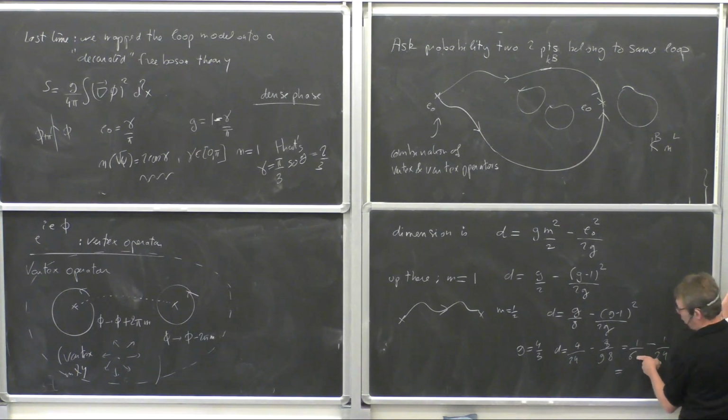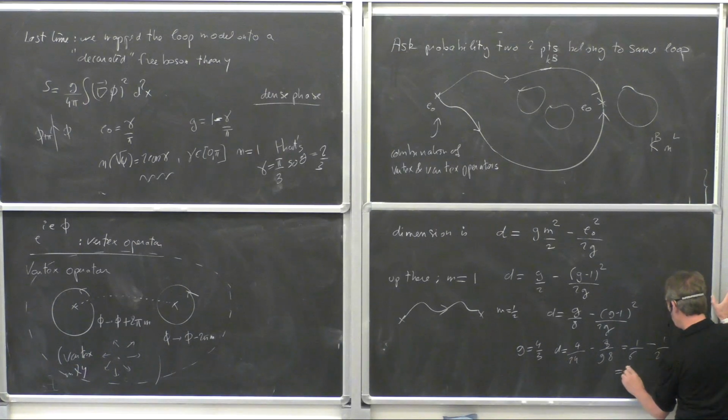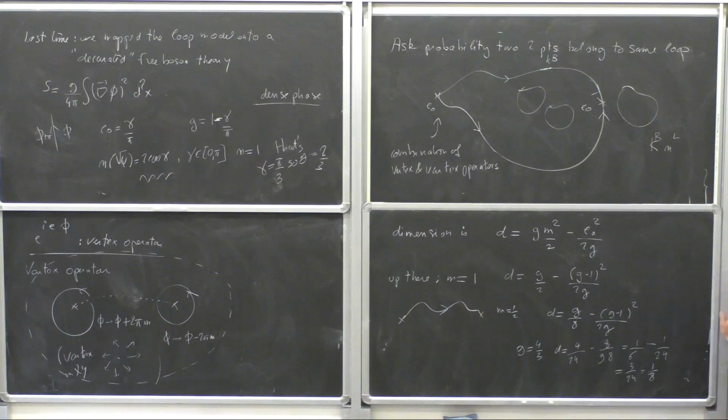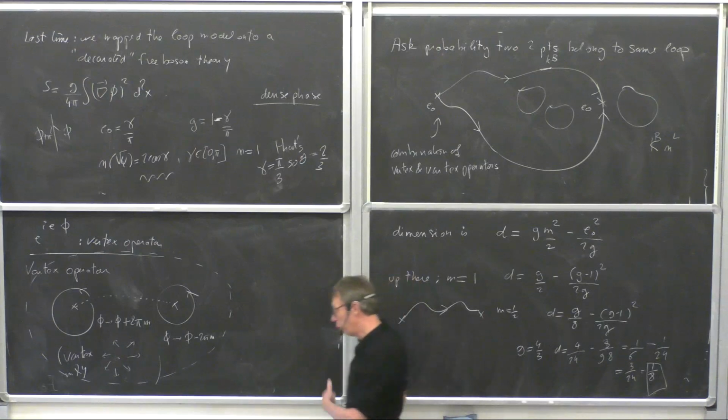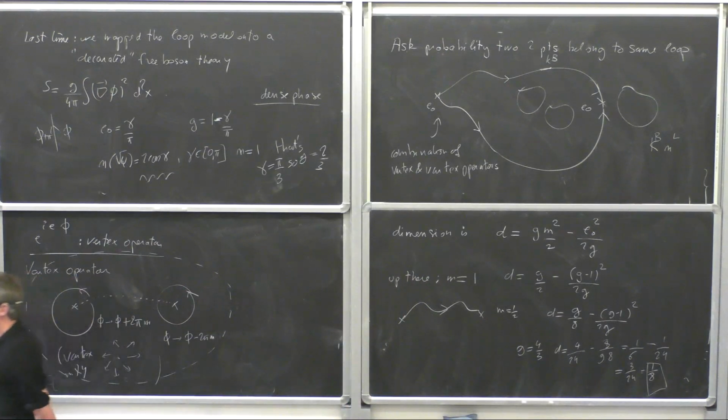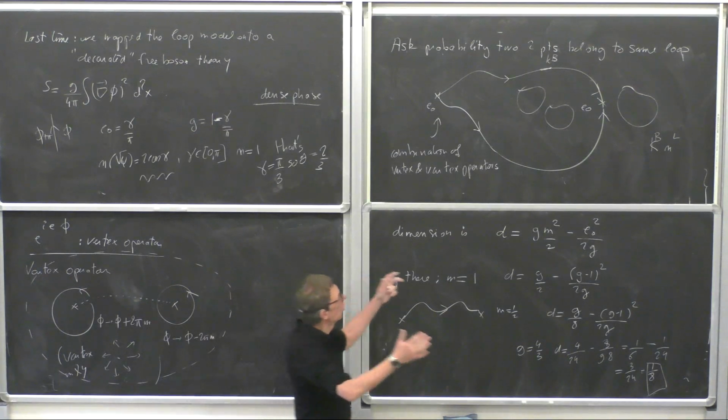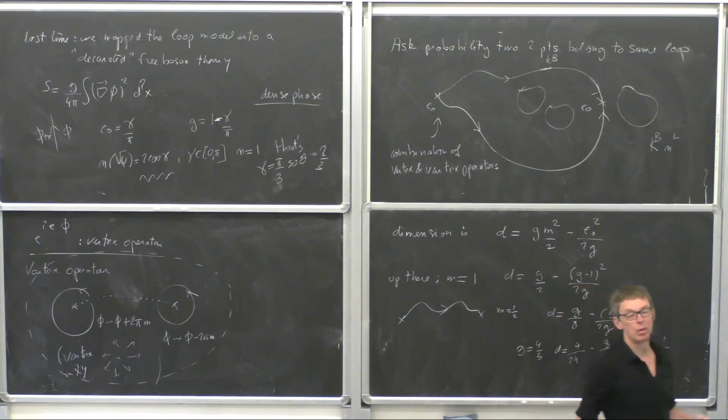That's 4 over 24, 3 over 24, which is 1 over 8. That's the dimension of the Ising spin in the Ising model. So we do recover, if we wish, some dimensions that would occur in the fermionic theory, but on top of it, we have the dimensions of these different vortex operators.